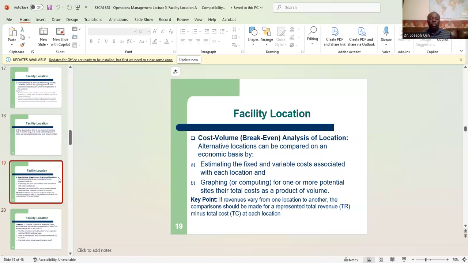Then, if possible, graph or compute for each location the total cost as a function of volume. If the cost at one location is higher but it has more revenue, you can consider that location a better position than one where the cost is much higher than the revenue. In other words, if revenue varies from one location to another, then the comparison should be made on total revenue minus total cost at each location. So we can now use that to compare.